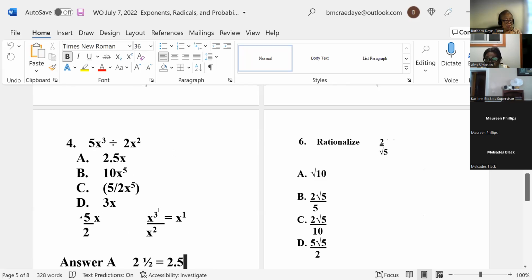X to the third divided by x to the second is x to the 3 minus 2, and that's x to the 1. Put the two together, you have 5/2 x or 2.5x. Got it? Yes, ma'am.